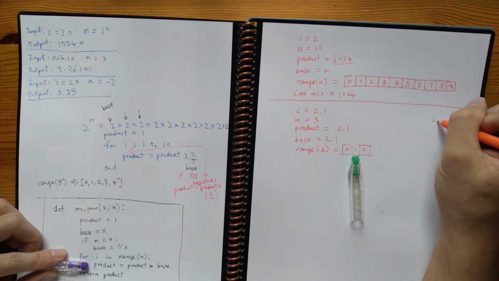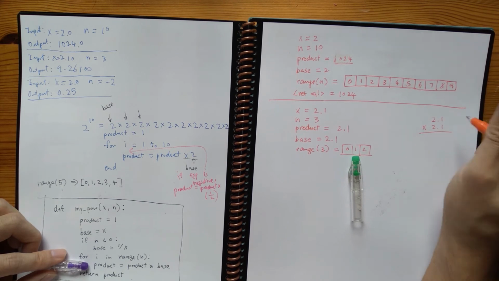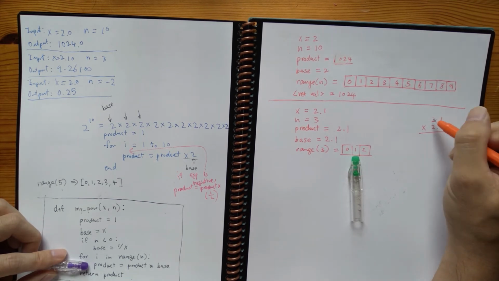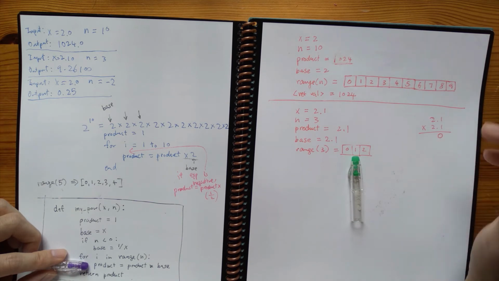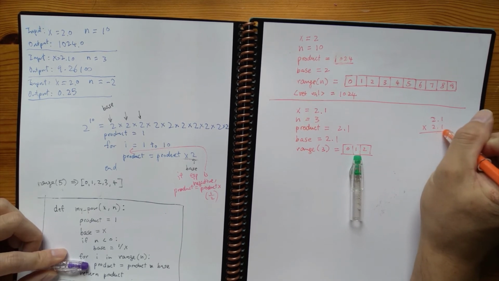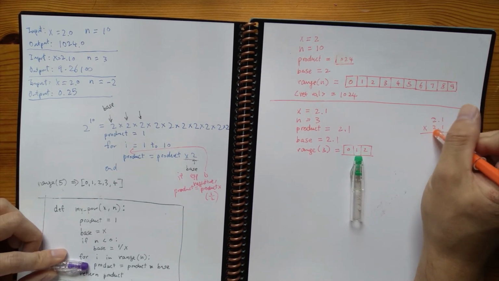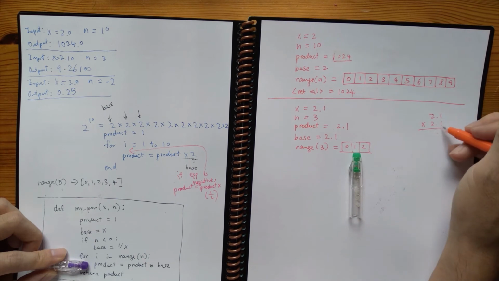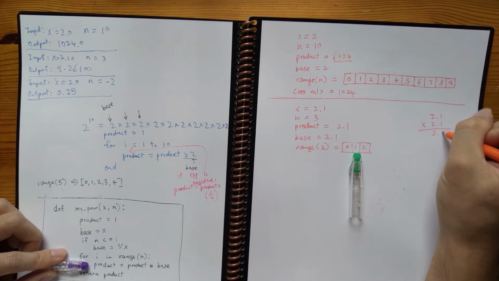What is 2.1 times 2.1? Let me see if I still remember how to do multiplication. So I think it's, I put a 0 here. Oh, not yet. Let's do 1 times 2.1. 1 times 2.1 is 2.1.